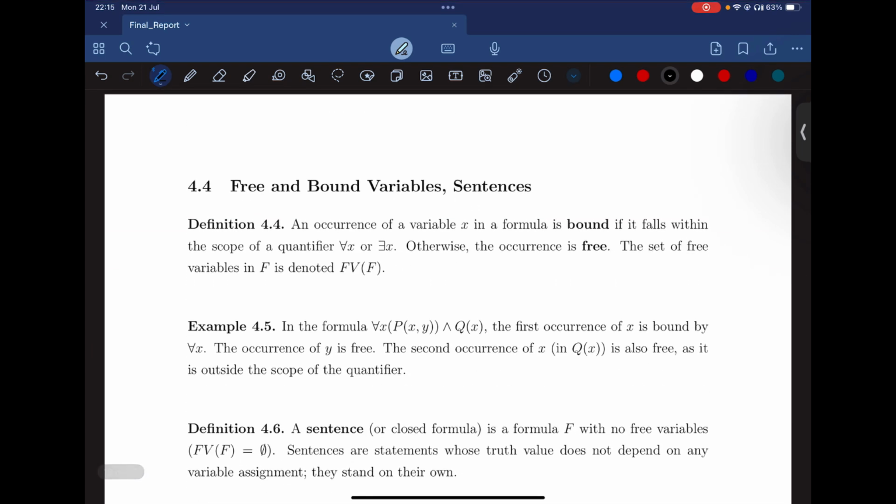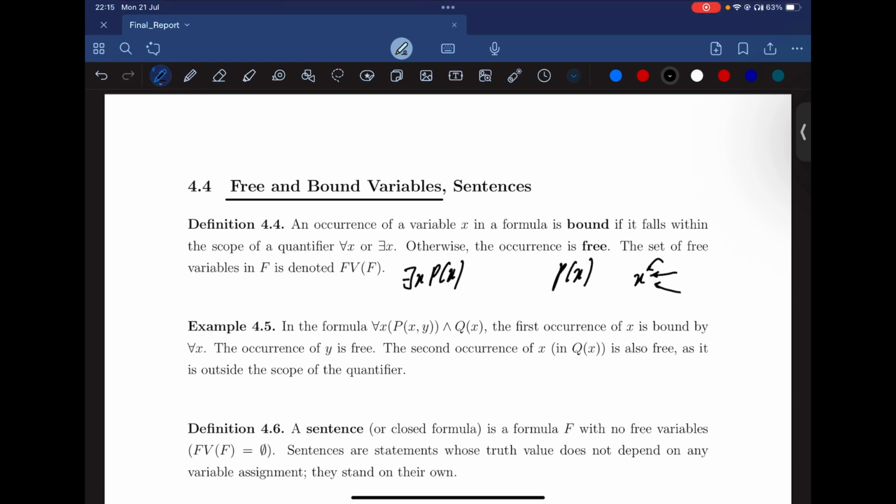Now, free and bound variables are a very important concept. By definition, an occurrence of variable x in a formula is bound if it falls within the scope of a quantifier. What this means is, let's say we have the formula there exists an x such that p of x, versus just p of x. The main difference is that the truth value of p of x is entirely dependent on what x is. Changing the assignment of x changes the truth value of this formula.